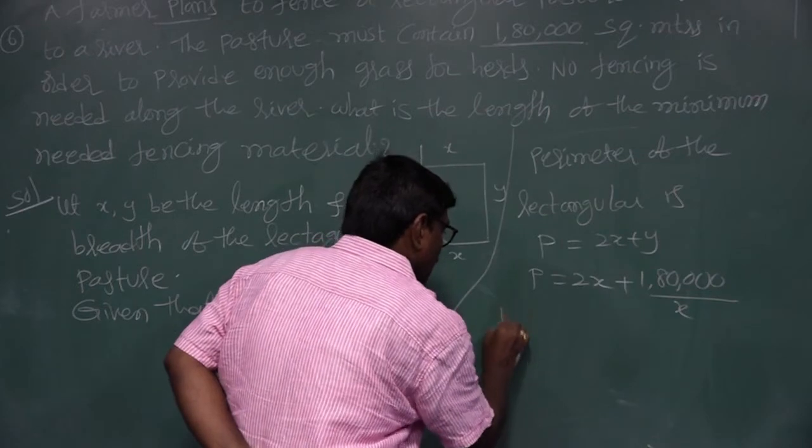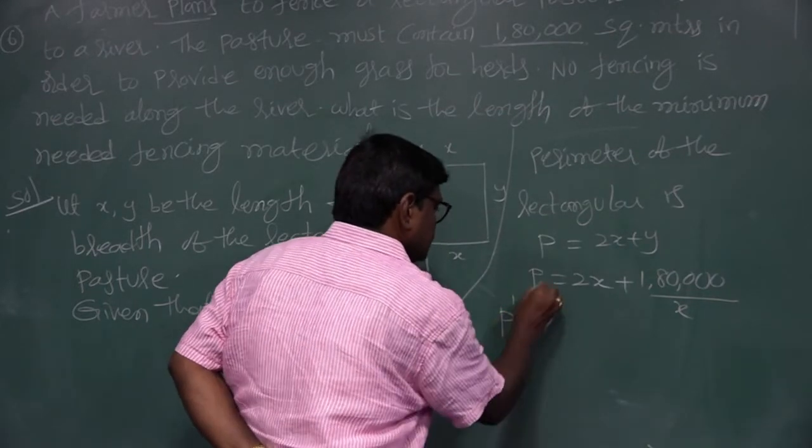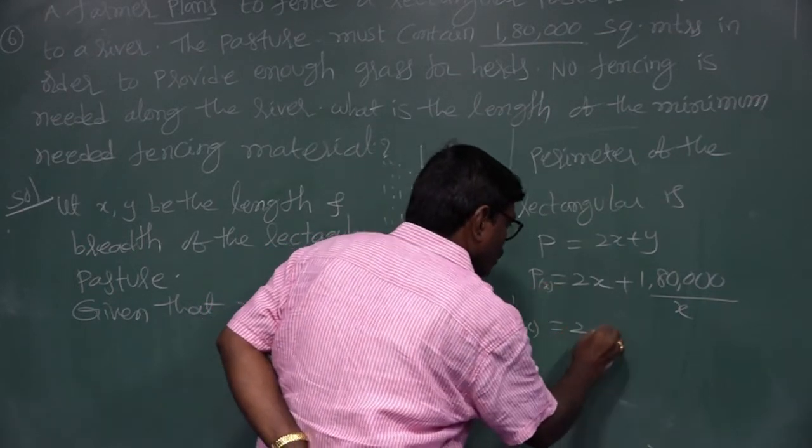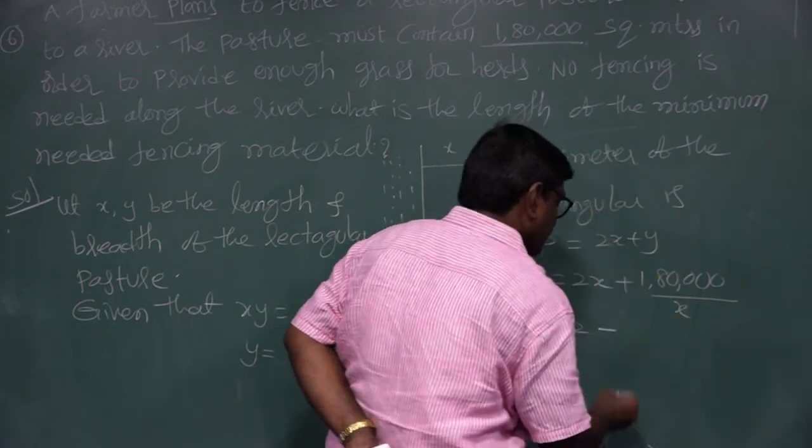P dash of x equal to 2 minus the derivative of 1,80,000 by x.